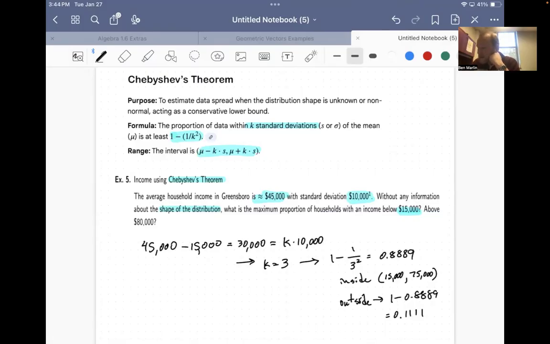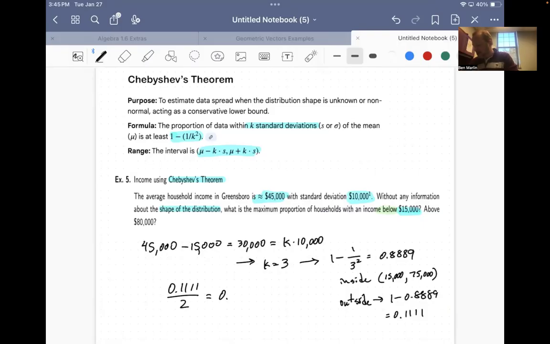Okay. But remember that we didn't say that we just wanted it outside. We, in fact, wanted it below. Okay. So assuming that you've got some symmetry, take that 0.1111 in half, and you end up with, oh gosh, I should be embarrassed about the fact that I'm having trouble doing that in my head, but I'm going to slip out a calculator here real quick.